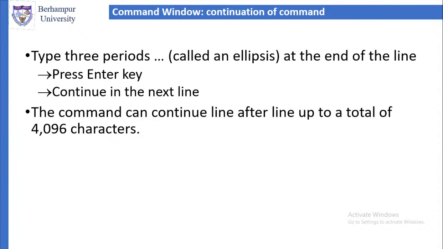So put an ellipsis and then press enter. It will go to the next line, then there you keep on writing the command. If that is also filled, then put 3 periods again, go to the next line, and keep on writing.